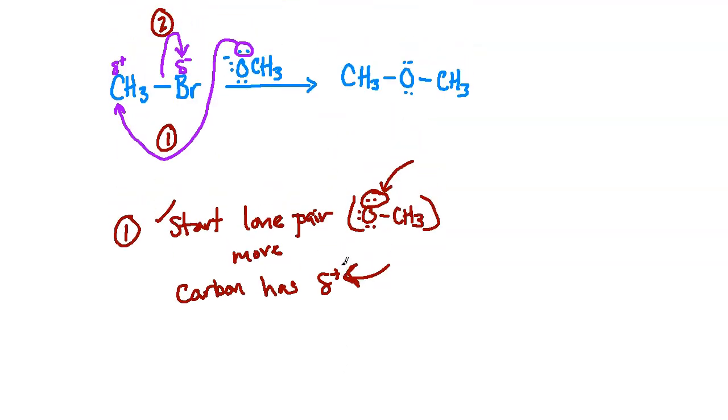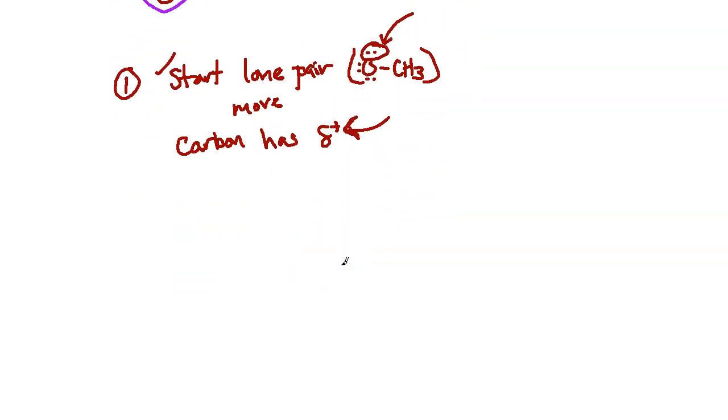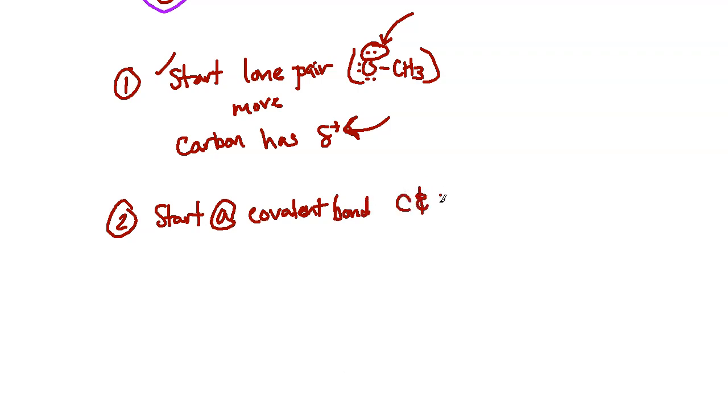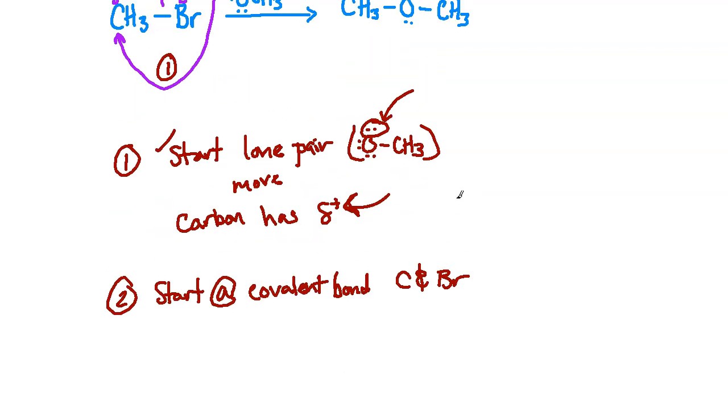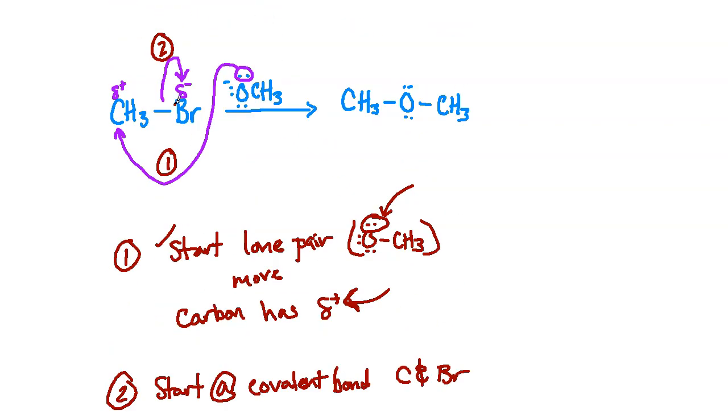All right, now what about arrow 2, which is going to be the leaving of bromine? So in this example, do we start with some sort of electron source? And the answer is yes. We're going to start at the covalent bond, and it's the covalent bond between carbon and bromine. So we're talking about this bond right here between the carbon and the bromine.